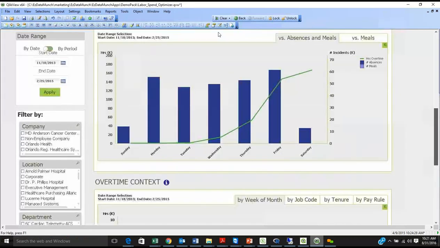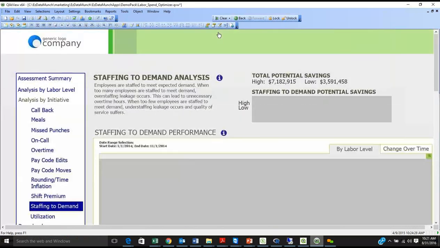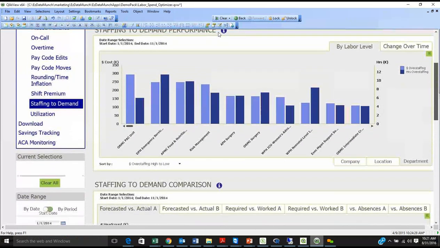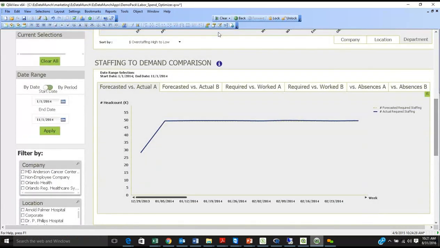But the key thing here is also going back to your staffing demand. This is where we wanted to look at your staffing to demand performance. So we are looking at how the staffing is planned. What is the forecast staffing? Every week, every month, the HR team, the administrative staff, the operations staff, they plan their people in terms of how many people you need.